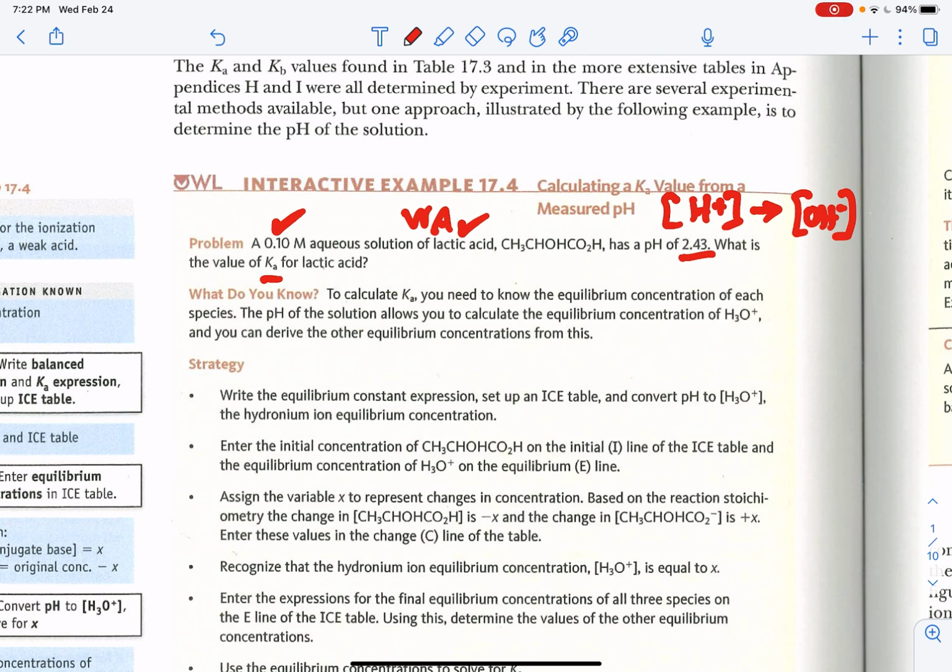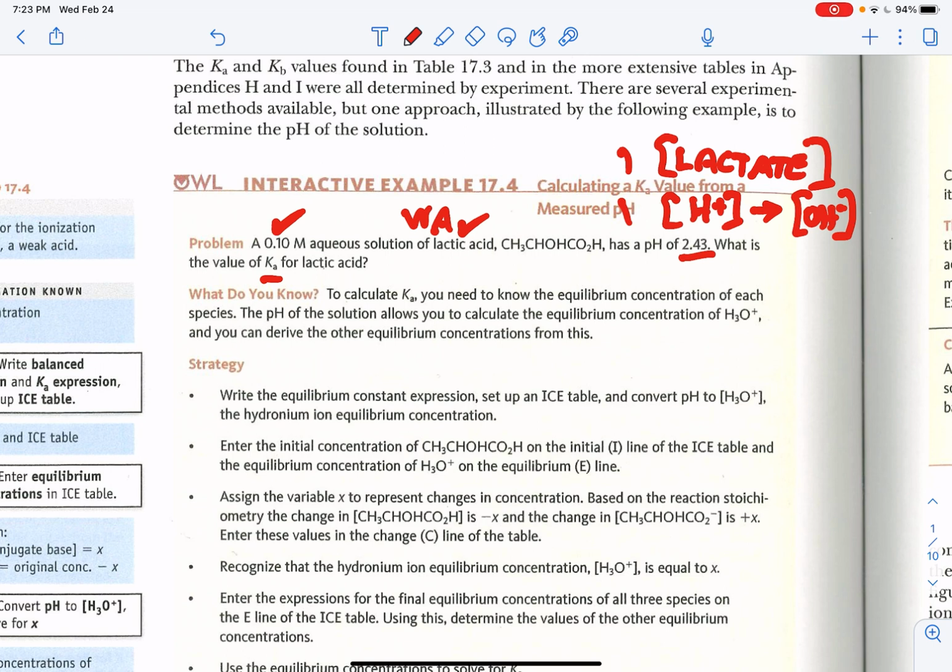One other piece of information that you might not have noticed is that lactic acid is the hydrogen ion connected to the lactate anion. And so whatever the molarity of the hydronium ions is also going to be the molarity of the lactate ion, because for every lactic acid molecule that splits up, you get one lactate and one hydrogen ion, 1-to-1 ratio.